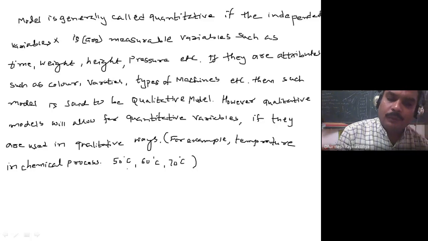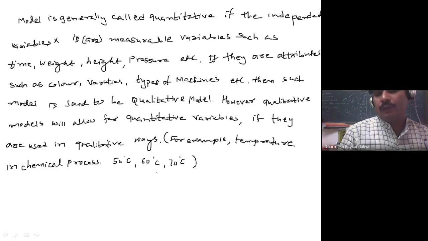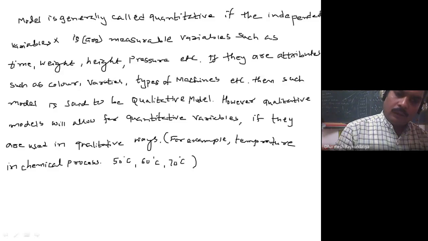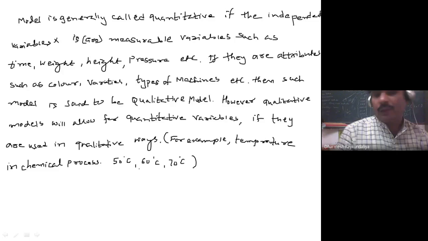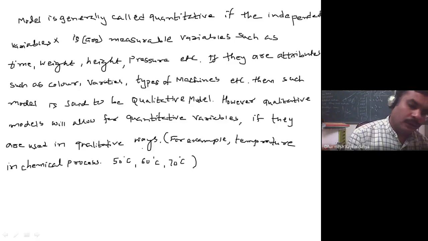You are observing the process at 50, 60, and 70 degrees Celsius, and you wish to compare at which degree of Celsius you can have the higher yield. So yield is a quantitative variable, but the temperature now is measured in a qualitative fashion. That's why you can use the qualitative models rather than the quantitative models. Is that fine?